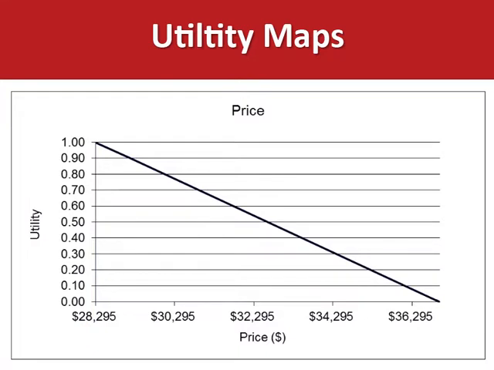Now what we've done here is shown a utility function, or if you like, a utility map for price. And it's both negative sloping and linear. It's negative sloping, which means as the price of the car increases, naturally utility goes down. The fact that the utility function is linear means, in very practical terms, a dollar is worth a dollar.